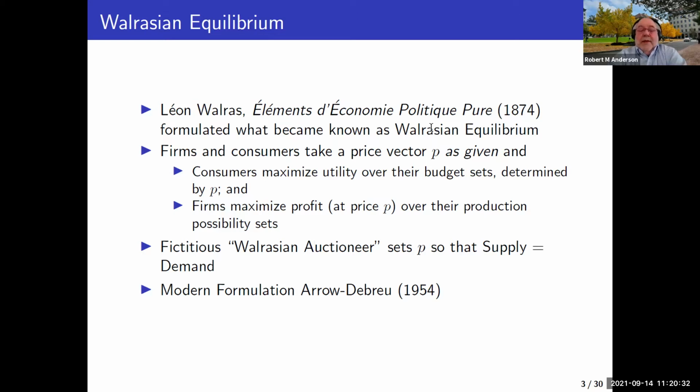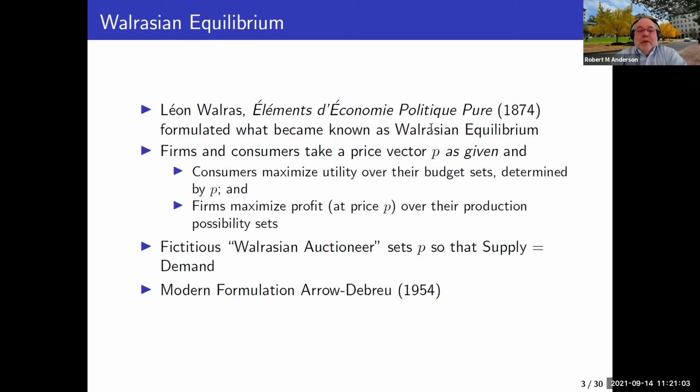But the formulation of this notion of equilibrium assumes that either they don't have that power or they act as if they don't. And it has a fictitious Walrasian auctioneer who chooses a price vector P so that supply equals demand. As I said, the modern formulation is the Arrow-Debreu equilibrium, which I'll describe in more detail later on.